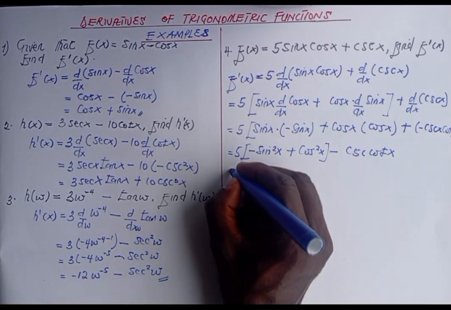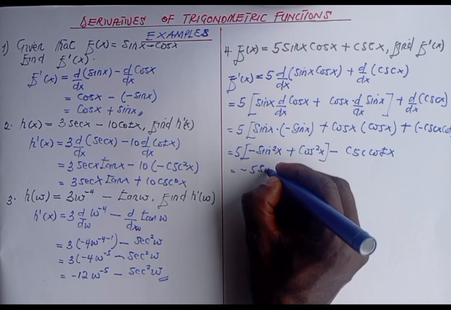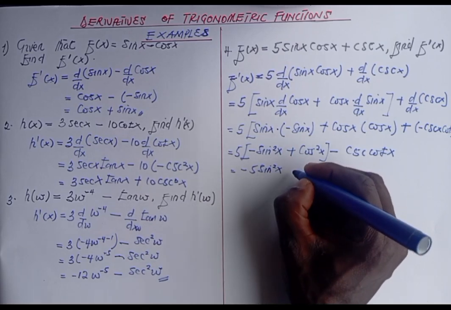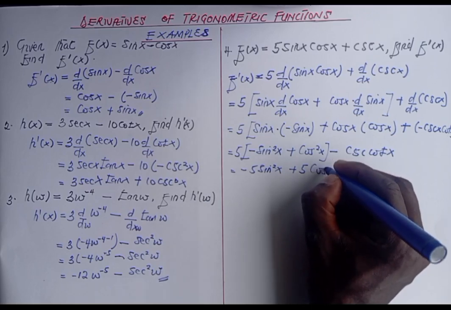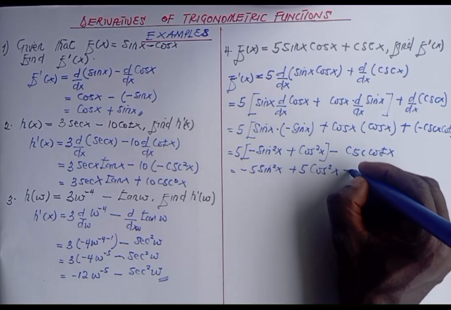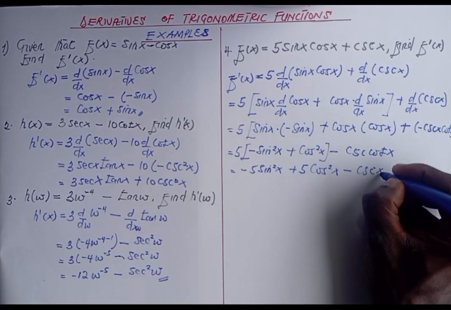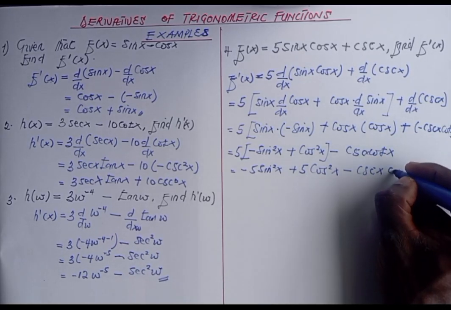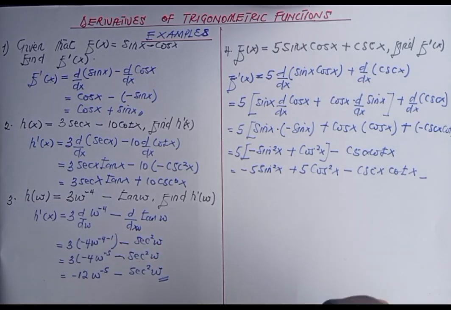So let's expand the bracket. We are getting negative 5 sine squared x plus 5 cos squared x minus 5 cosec x cot x, and this becomes the derivative of this very particular question.